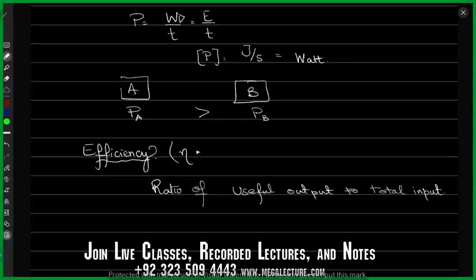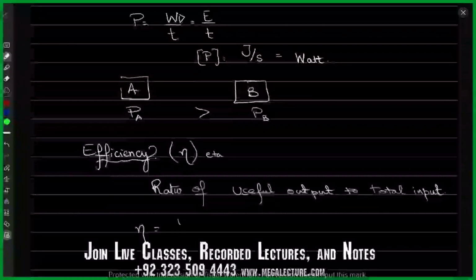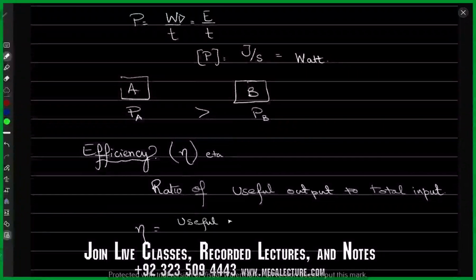Mathematically, sometimes efficiency is written with this symbol eta. This symbol is called eta, right? And it is mathematically defined as the ratio of useful output divided by the total energy of the system, right?